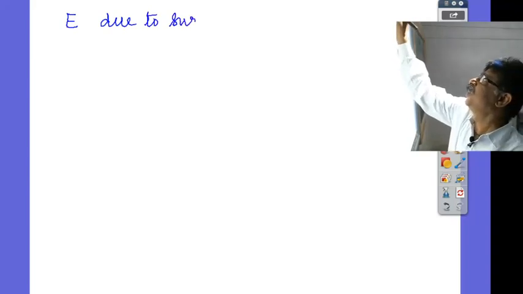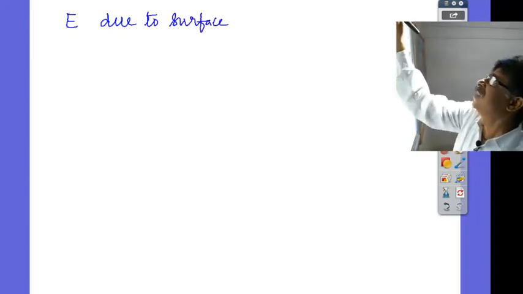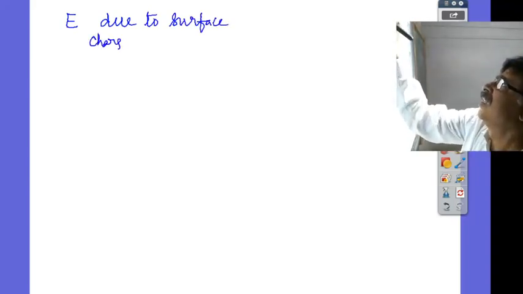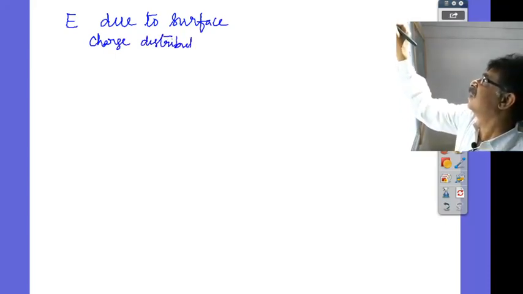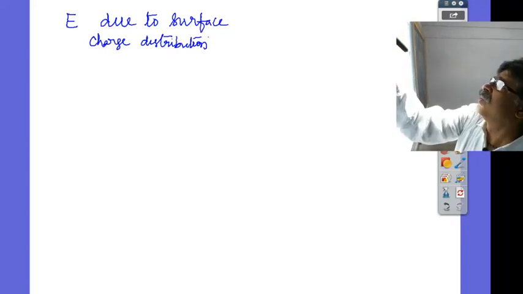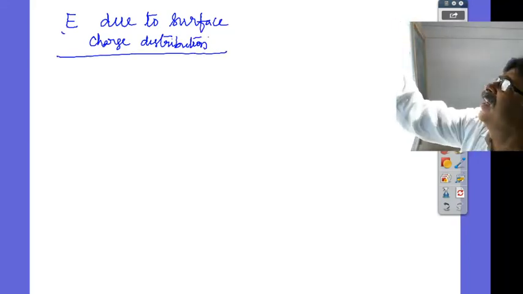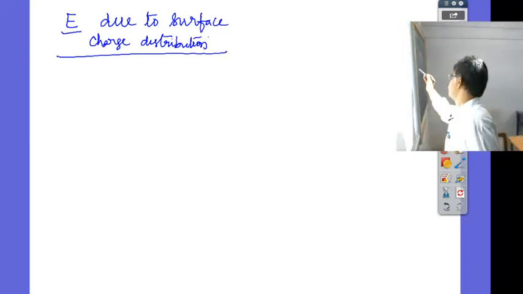Once you know this, let us find the electric field E due to surface charge distribution. So, how can you find E due to surface charge distribution?